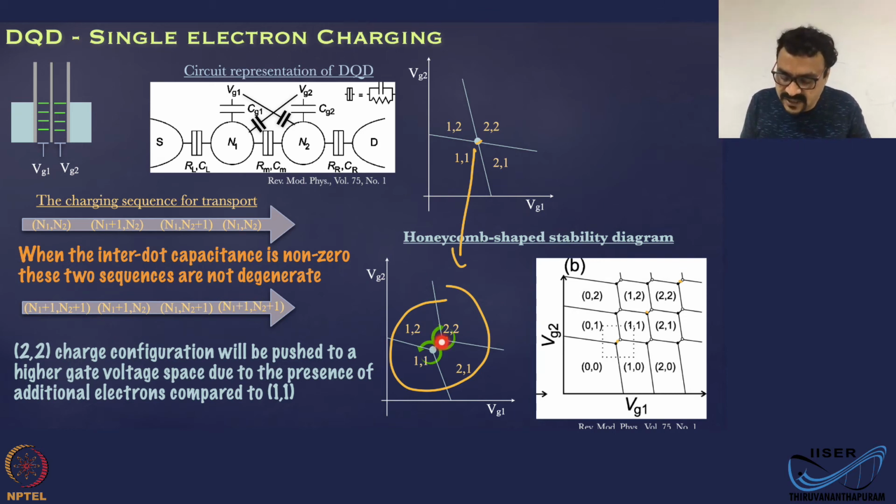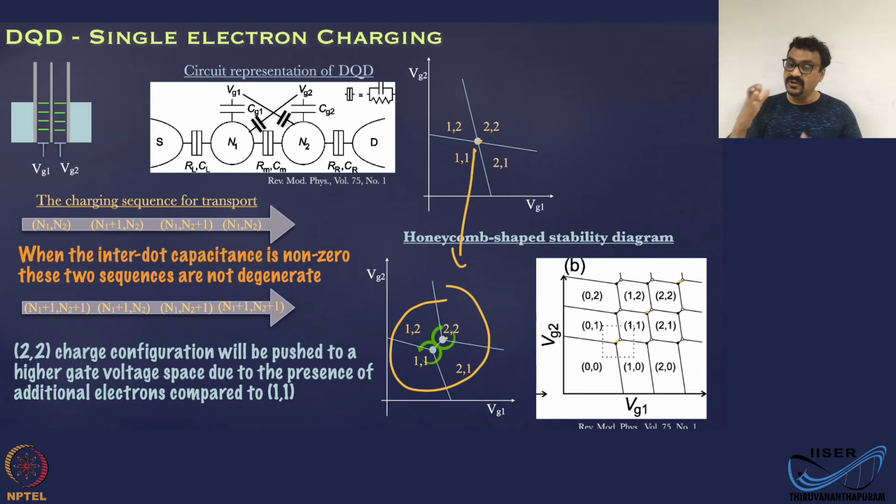Now these two cycles, that is (N1, N2) to (N1+1, N2) to (N1, N2+1) and (N1+1, N2) to (N1+1, N2+1) to (N1, N2+1)... These two cycles now will happen at two different sets of gate voltage.